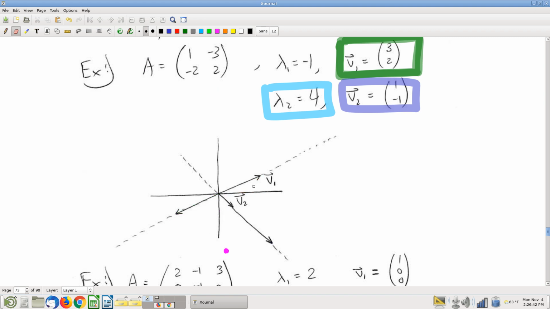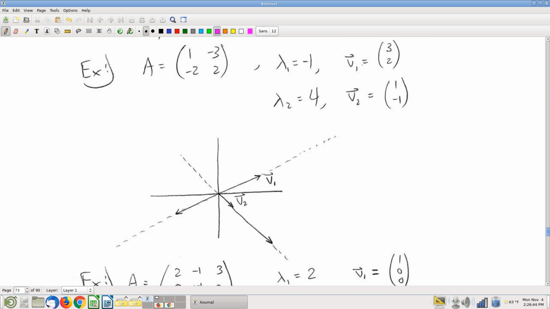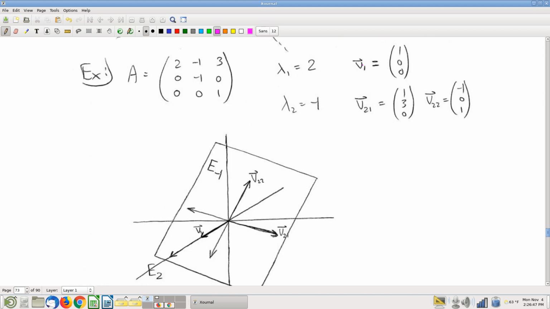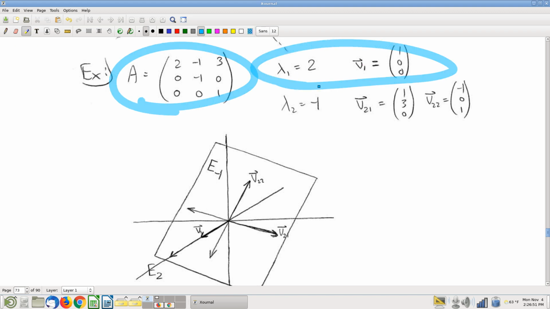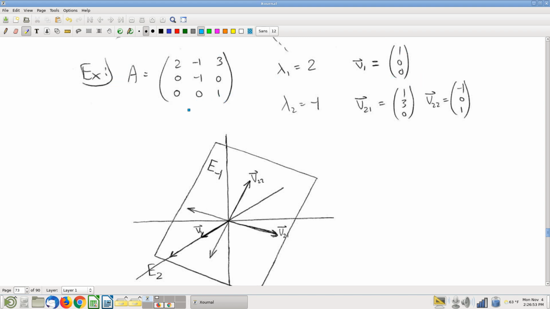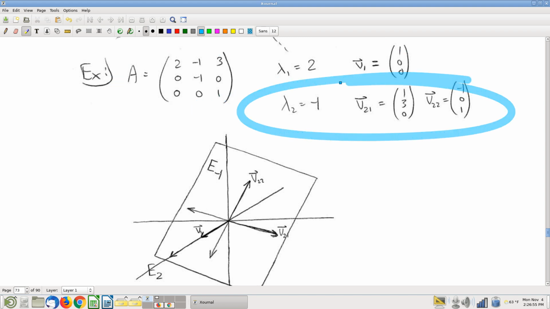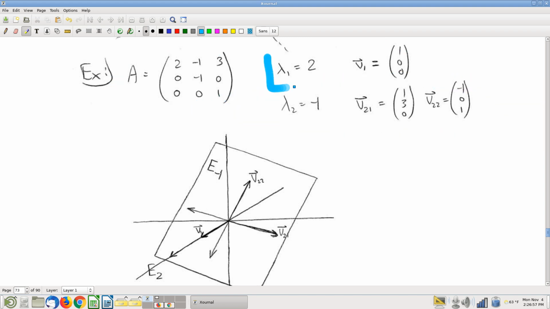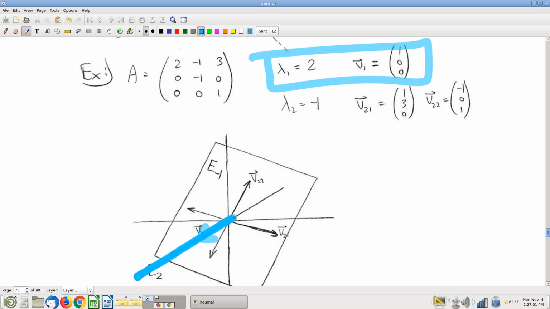This next example is highly analogous. This is just one dimension up. Recall we talked about this matrix. We found an eigenvalue, eigenvector, and another eigenvalue with a couple of eigenvectors. That eigenvector means that everything on that line gets multiplied by 2.